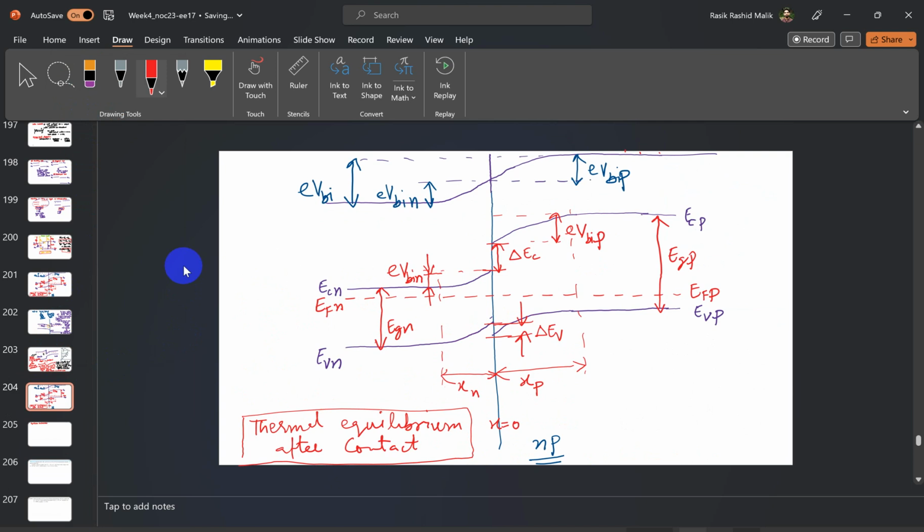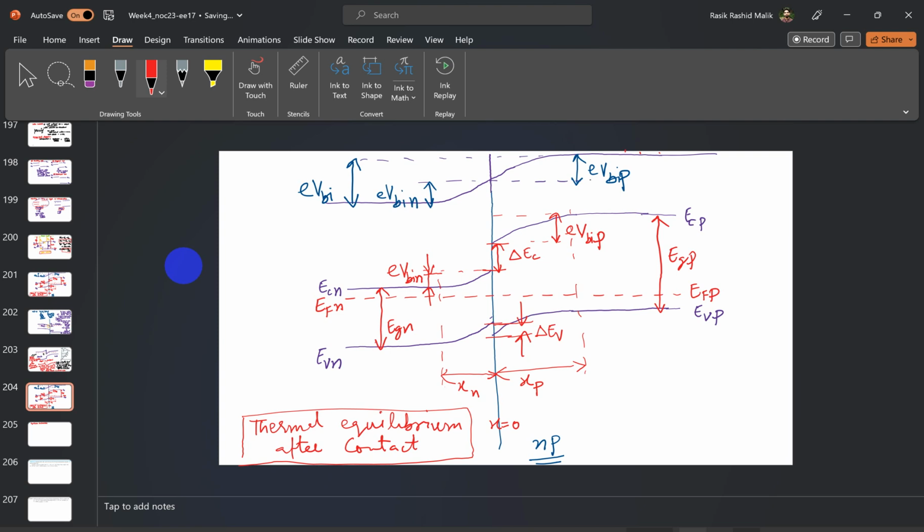So we will calculate the total barrier potential, since this VBI will be the sum of VBIN and VBIP, and this VBI can be simply found as the difference between the Fermi potentials, right?